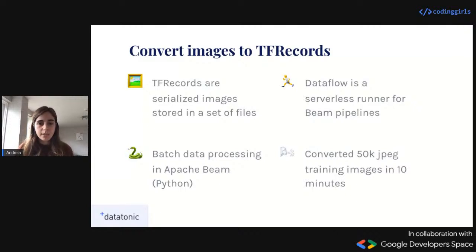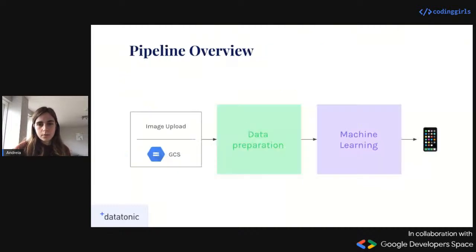In this case, we did it in batch. And because Dataflow is so powerful in its horizontal auto-scaling, we could convert around 50,000 images in 10 minutes, which was really important for the pipeline. We couldn't do it without this horizontal scaling, for sure.